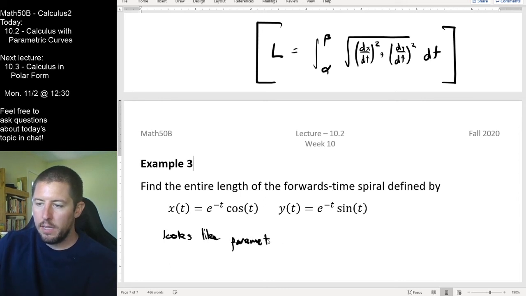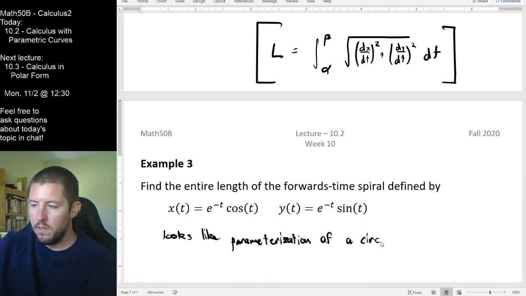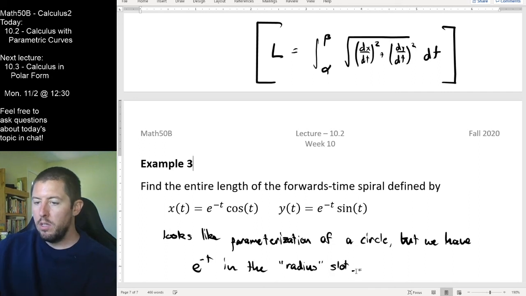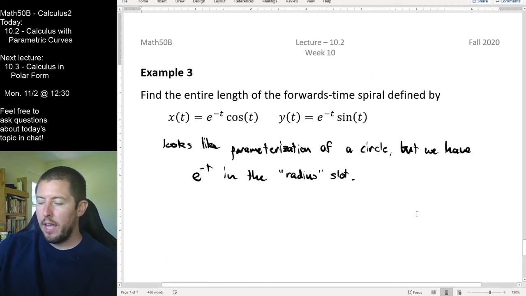This looks to me like the parameterization of a circle, but we have e to the negative t in the radius slot. So what should the shape end up looking like?